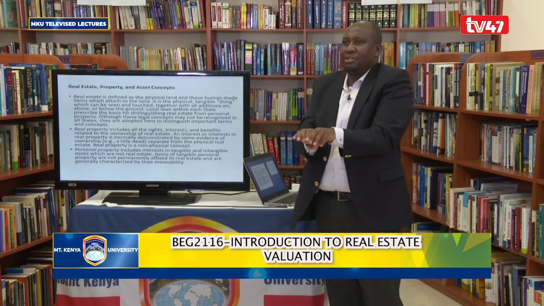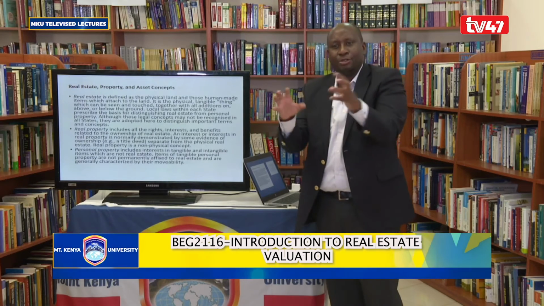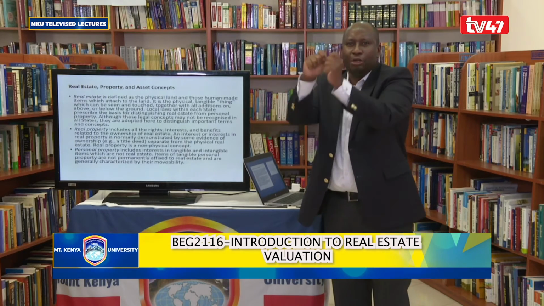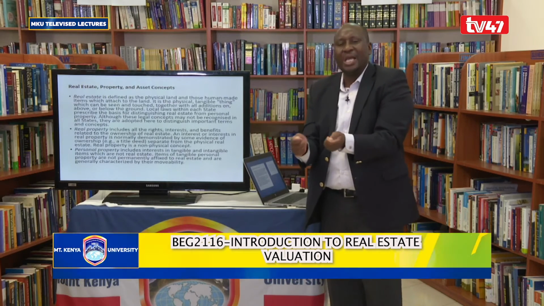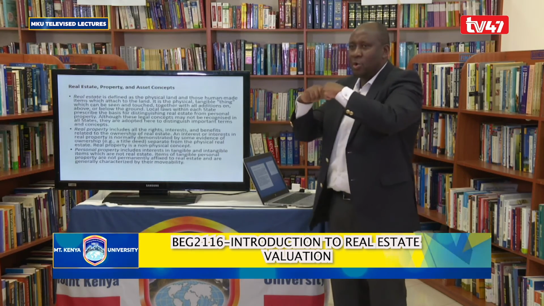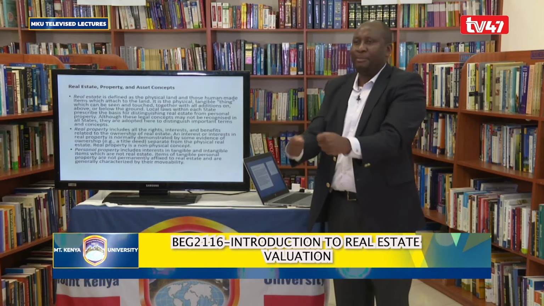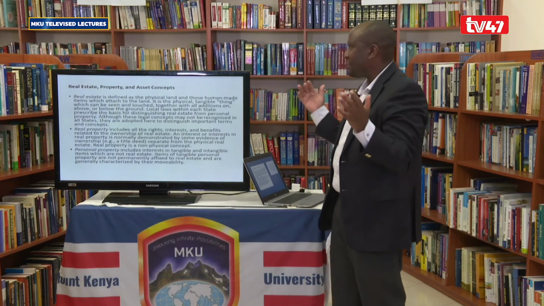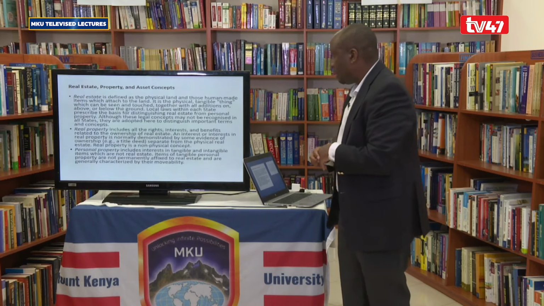And you have to demonstrate them by document, by proving that you have those rights, and it is defined by law. A legal instrument is what you use to demonstrate what you own in terms of real property. But the real estate itself, in its nature, is the physical, and it has physical boundaries.